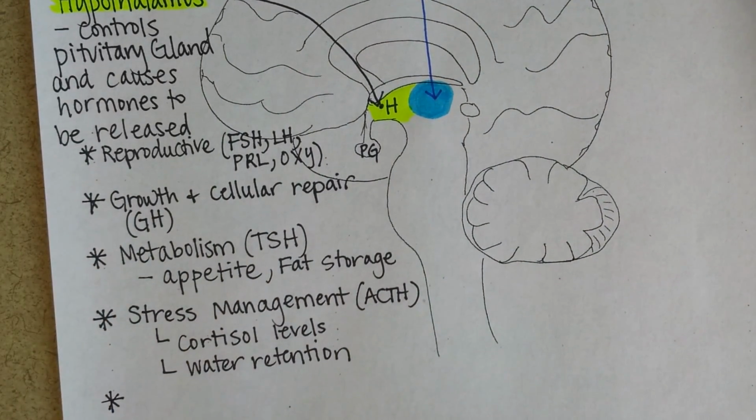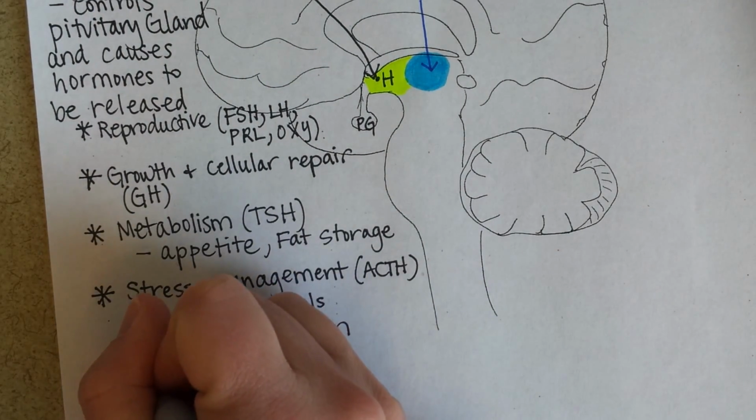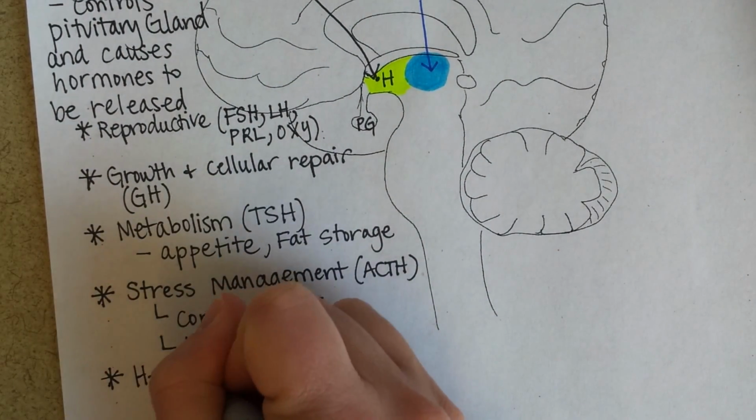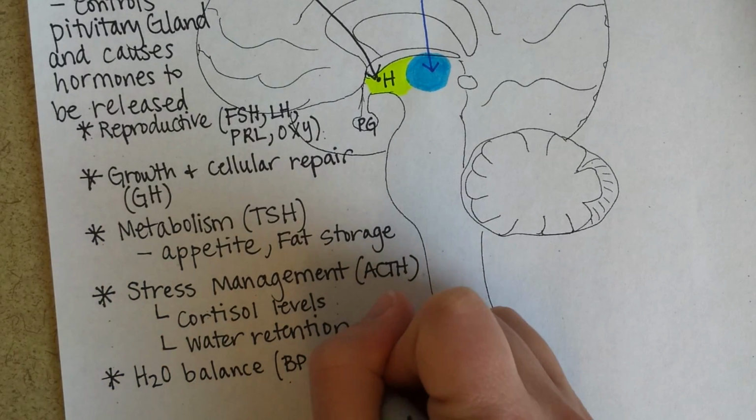Sliding right behind that would be another important job of the hypothalamus, which is water balance, and this ties right in with blood pressure regulation.